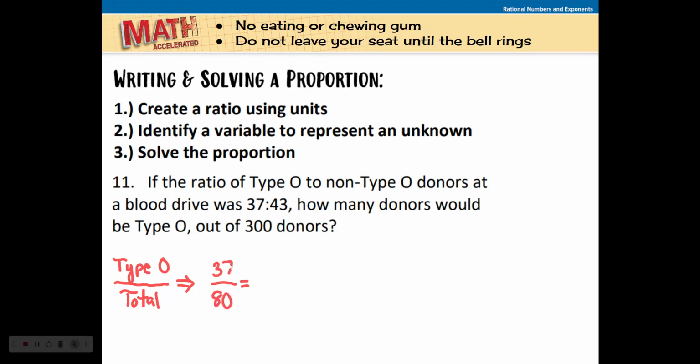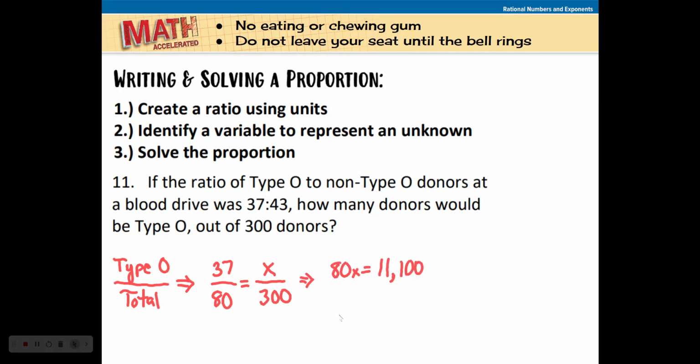So that first ratio would be 37 to 80. They're asking out of 300 donors. That's a total. So that would be that denominator. They're asking how many type O's. Type O is in the numerator.